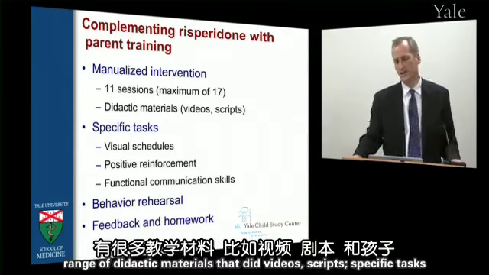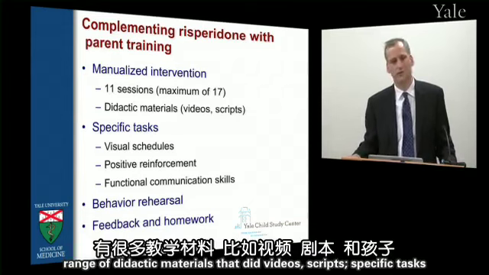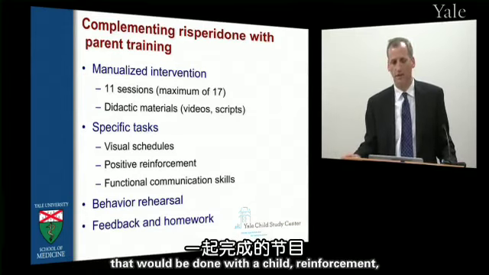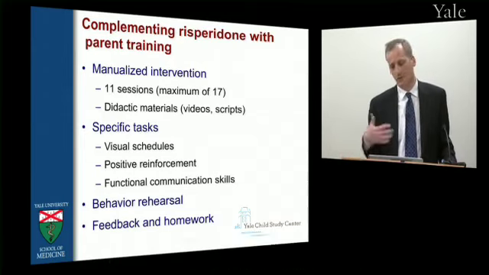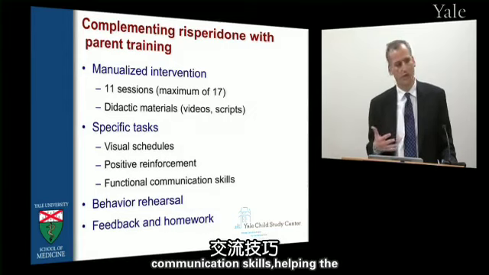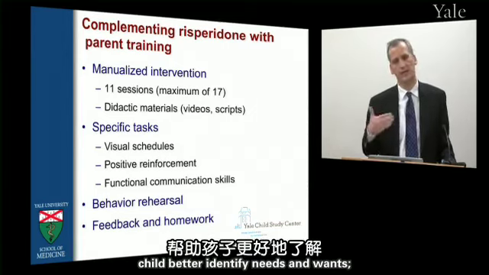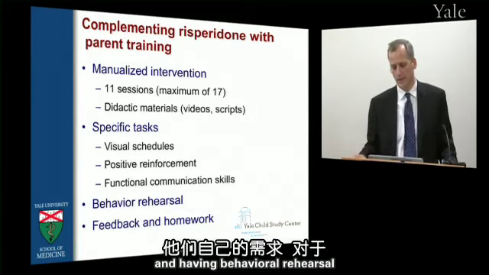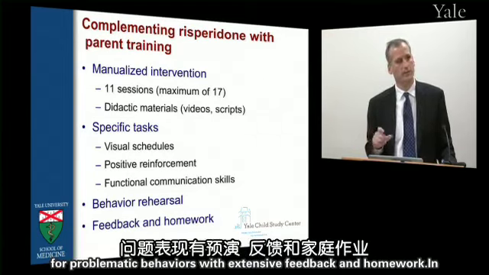There are a range of didactic materials that included videos, scripts, specific tasks that would be done with a child, positive reinforcement for doing things well, functional communication skills, helping the child better identify needs and wants, and behavioral rehearsal for problematic behaviors with extensive feedback and homework.